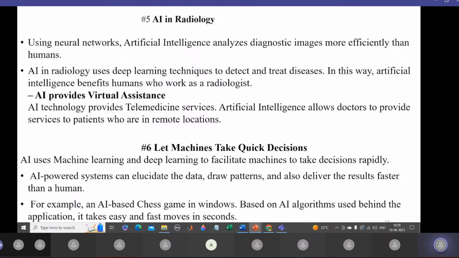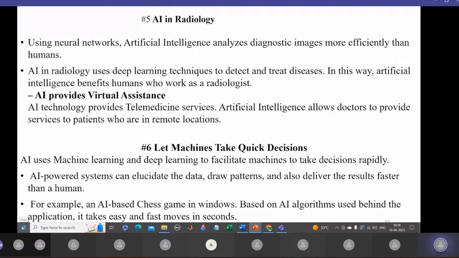So here in radiology, they are going to use deep learning techniques so that they can detect and treat the diseases. Here artificial intelligence benefits the humans who work as radiologists. And they also provide virtual assistants. They provide telemedicine services, and they can allow the doctors to provide services to the patients who are in remote locations. So this is AI in radiology, and here they can make the machines take quick decisions.